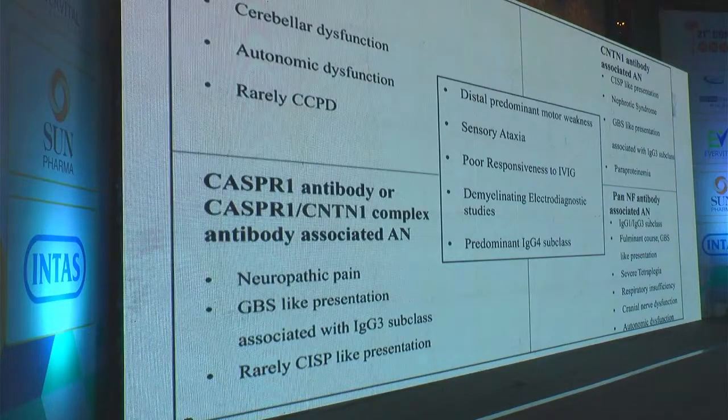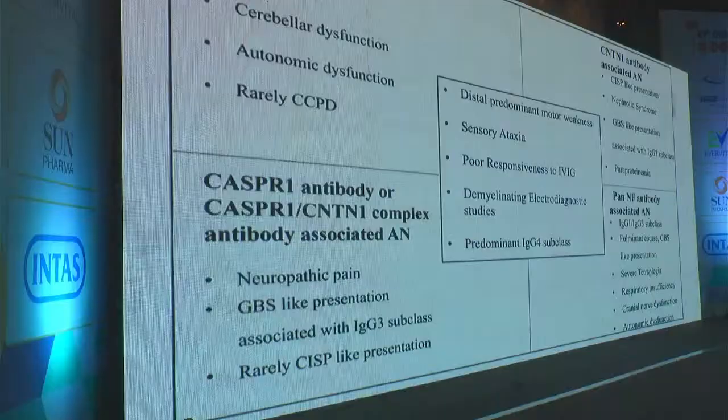So, apart from these neuropathic symptoms, neurofascin 155 patients have very prominent tremors and cerebellar ataxia. Contactin or Caspr mediated nodopathies have prominent neuropathic pain, severe burning pain along with myokymia or fasciculation, and they can have a GBS-like presentation.